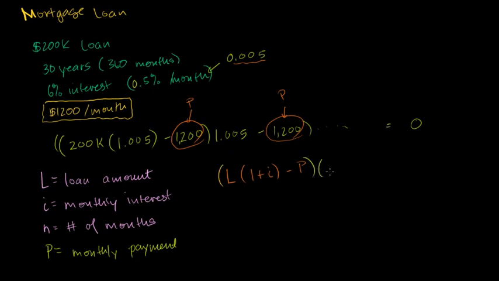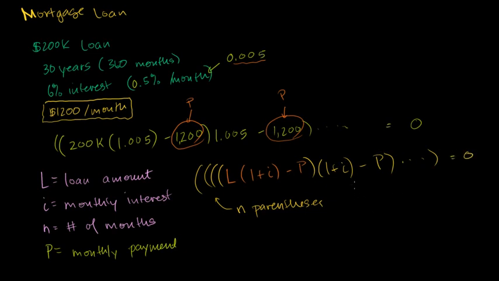That will now compound over the next month. Then you're going to pay another payment, P. And then this process is going to repeat n times, because I'm staying abstract. The best way I can express that is that you're going to have n parentheses. And after you've done this n times, that is all going to be equal to 0.